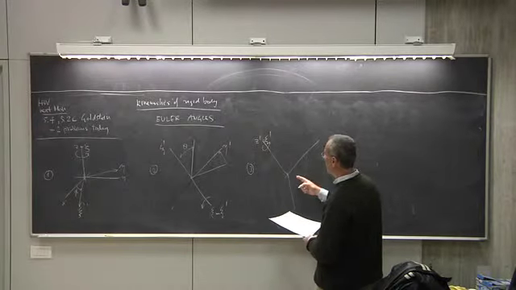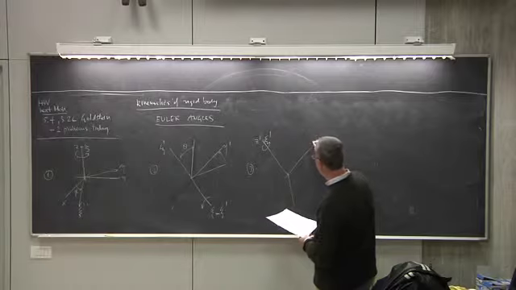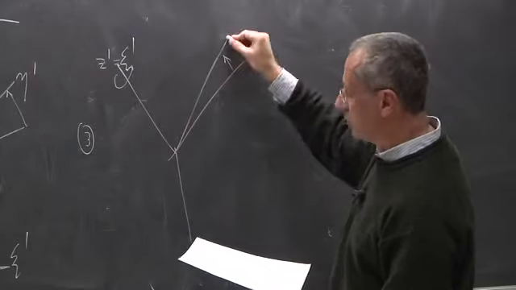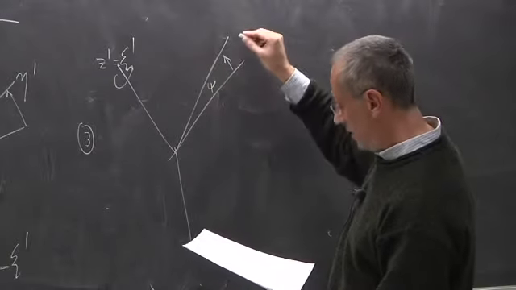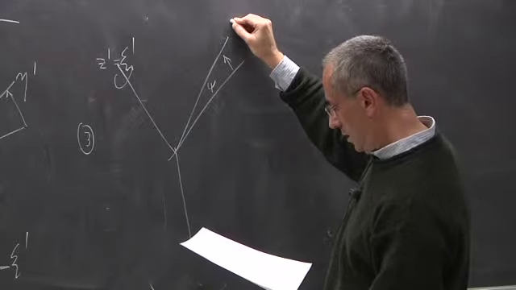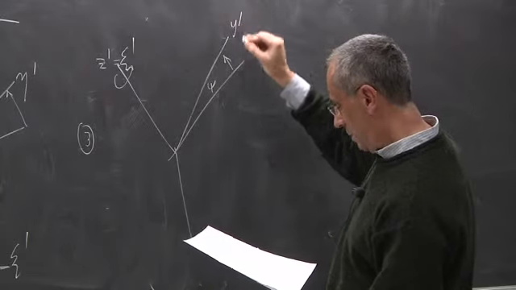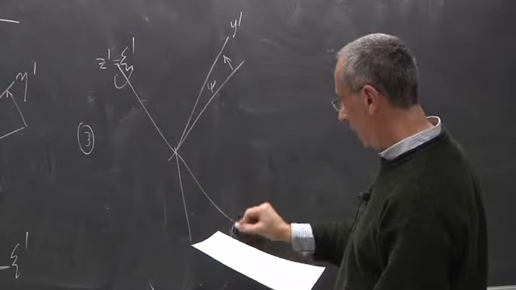Now this one, so I'm rotating this way, so this one goes up by an angle that I call psi. And this is now the y prime, and this is my x prime.